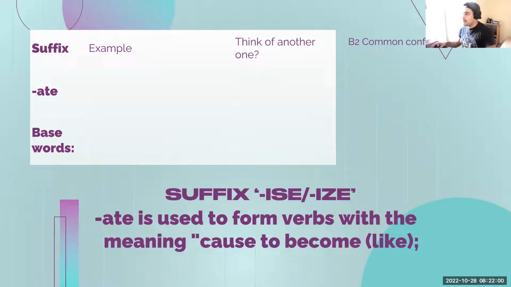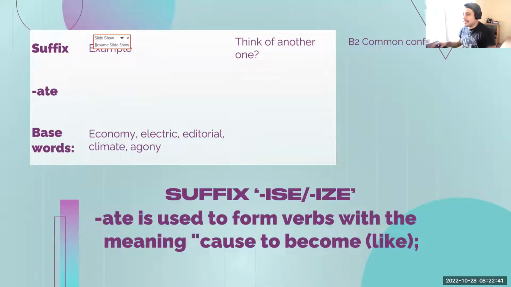Let's talk about the word when you want to make something economy. When you make something electric, you make something into an editorial. Or the word climate, agony.